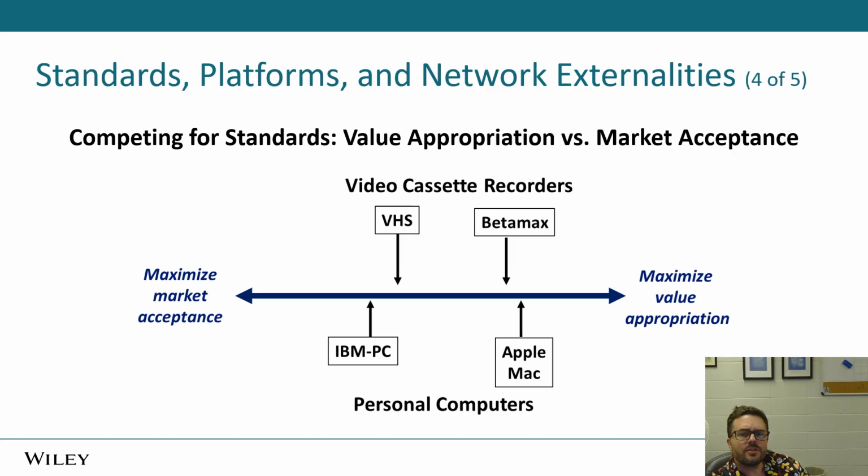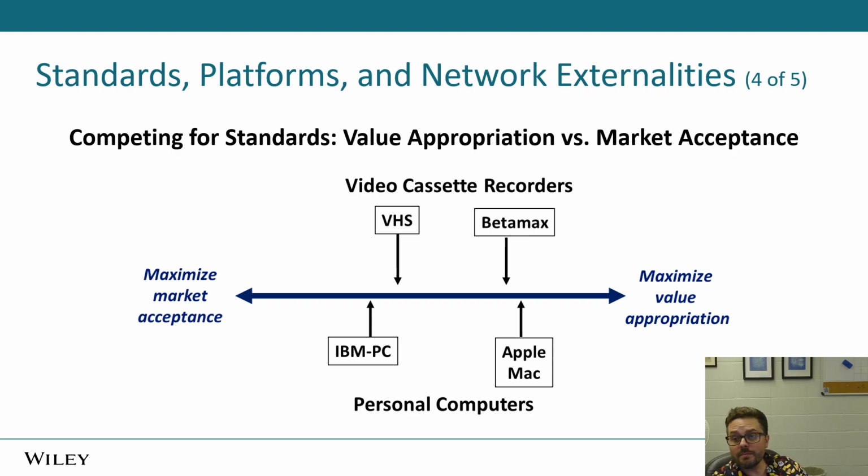Two different strategies when you're competing for standards: maximize value appropriation or maximize market acceptance. There's a couple interesting examples here. Video cassettes. You guys probably don't remember these unless you have older siblings or happen to have a few kicking around. VHS was very much the dominant technology for video cassettes and was more widely distributed.